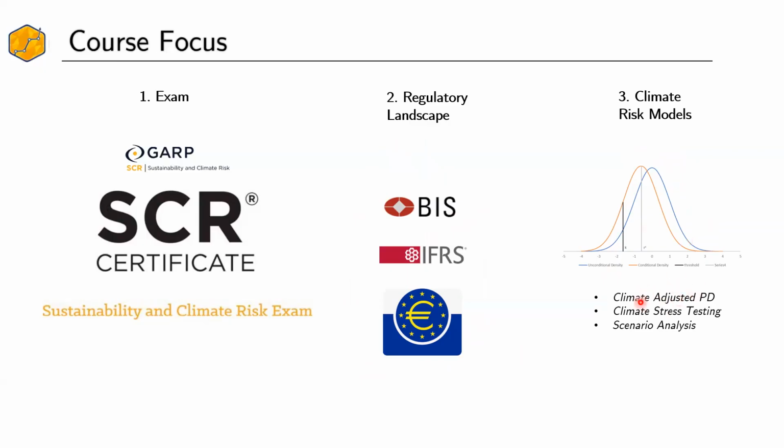To give you a high level example, climate adjusted PD. We have probability of default, but depending on your counterparty situation, or depending on the vulnerability of your counterparty to climate risk, you need to start incorporating those additional risk factors which are coming from climate risk to have a better estimate of PD. Okay.